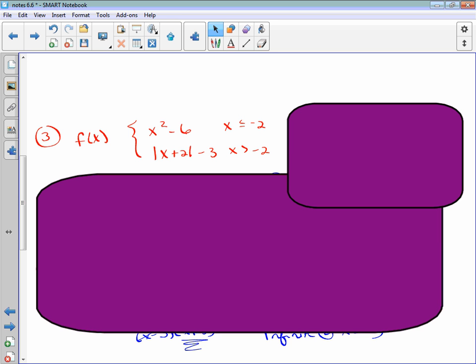No, that's the absolute value of x plus 2. Oh, sorry. Yes. You do -2 plus 2 and then the absolute value of that. Did you get the same answer for both?